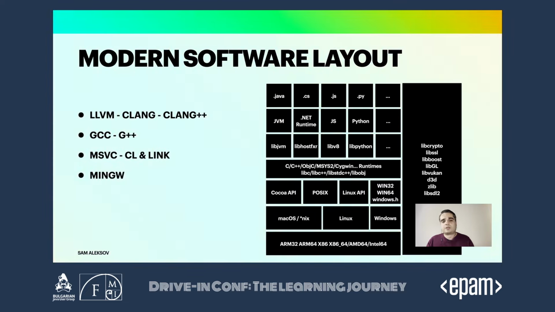And on top of those runtimes, we started building some interesting libraries like libjvm for the Java virtual machine, hostfxr, which enables us to host a .NET runtime and run our C# applications, .NET applications. V8, but it could be any other JavaScript compiler and runtime to run our JavaScript files. And Python, also known as the best wrapper of C, is available in libpython, and it runs our Python files.